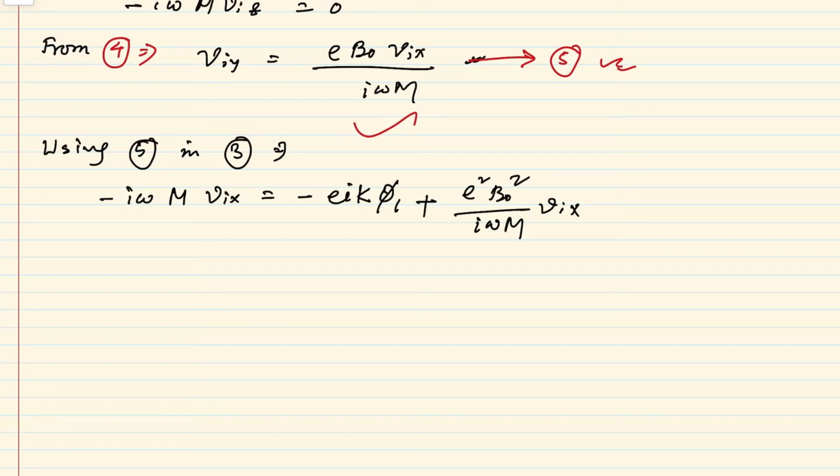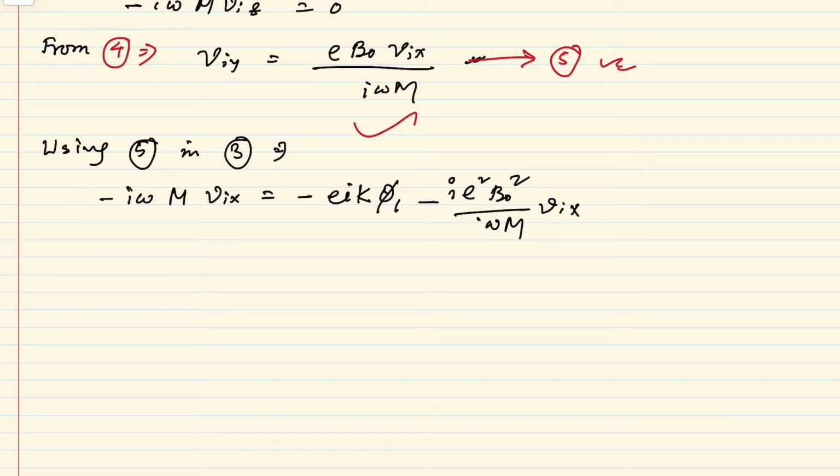So what we can do here, you can multiply i here and there with the numerator and denominator. Then this i will be here, and this plus sign will be minus. Okay, then let us simplify this.